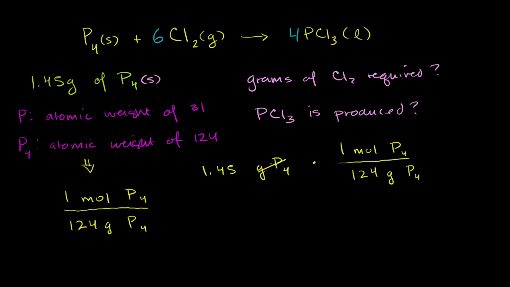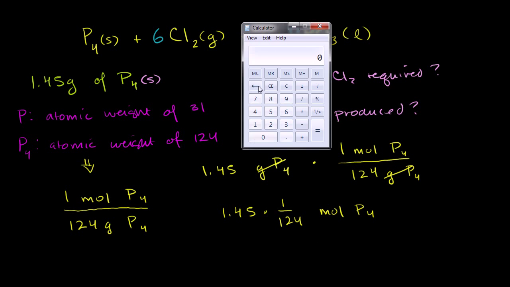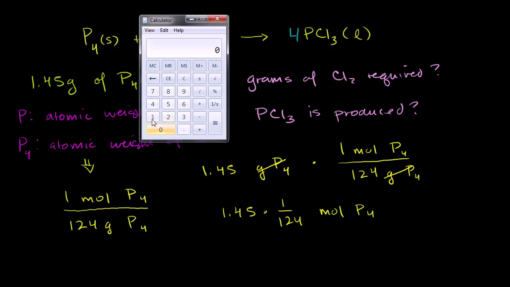The grams of phosphorus cancel, and then we get 1.45 times 1 over 124 moles of molecular phosphorus. And we could figure that out. Let's get our calculator out. It's 1.45.